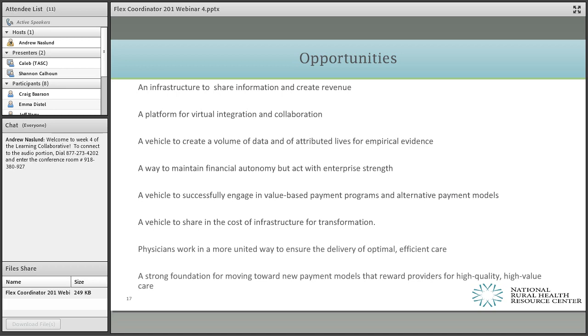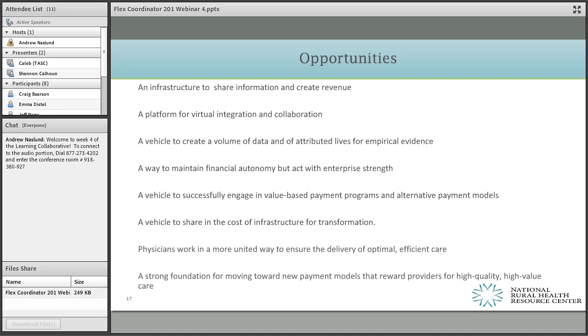The other thing is that by being able to virtually integrate, you have the opportunity to have enough volume to engage in the payment methodology. Again, speaking to the ACO, ACOs required a minimum of 5,000 Medicare beneficiaries attributed.